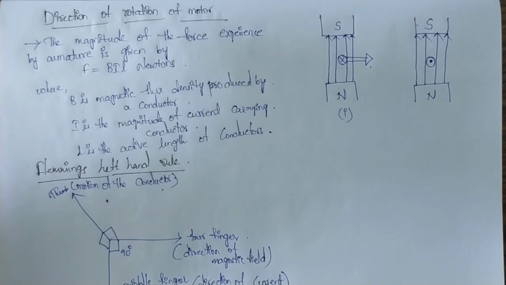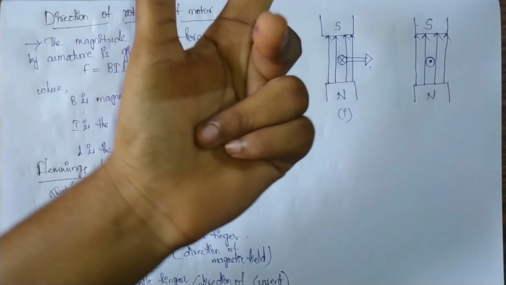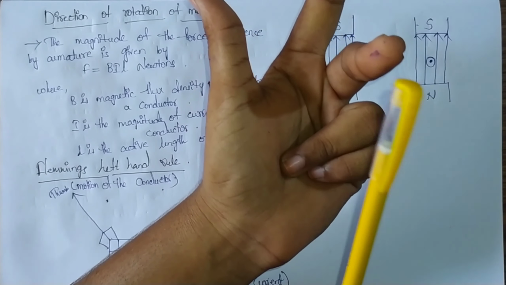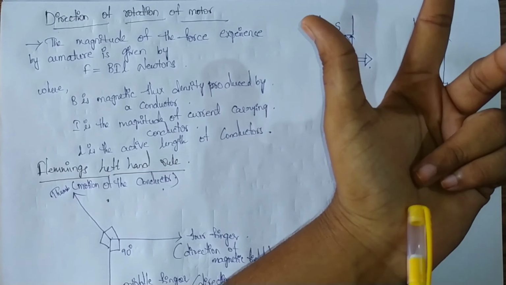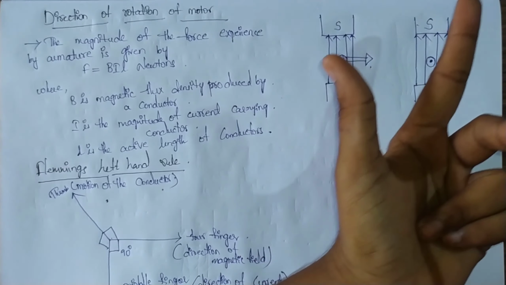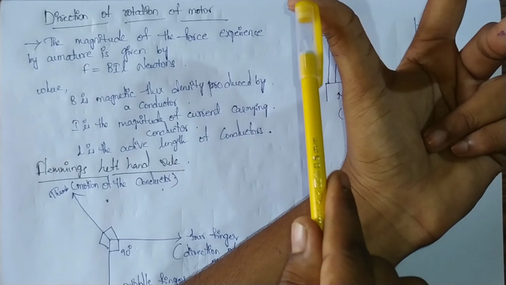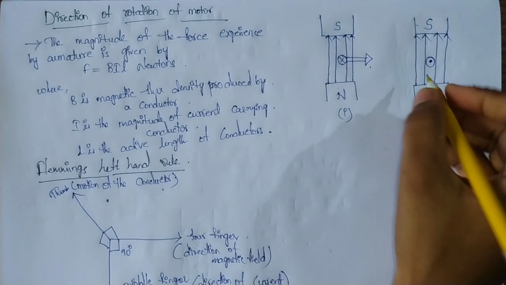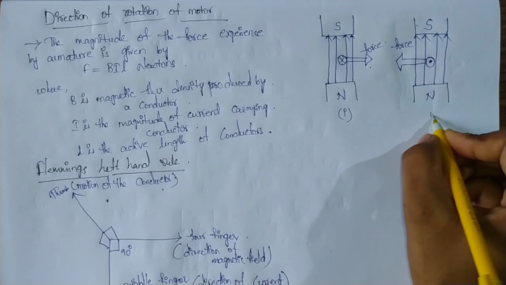Applying Fleming's left hand rule, the field flux direction is from north pole to south pole and the current direction is outwards. Then the force direction is from this side. This is the force. So this is case 2.